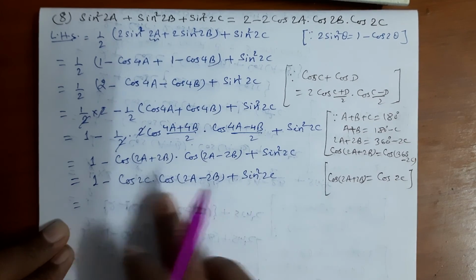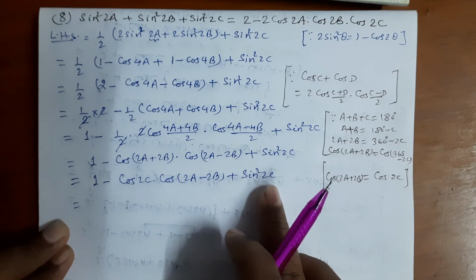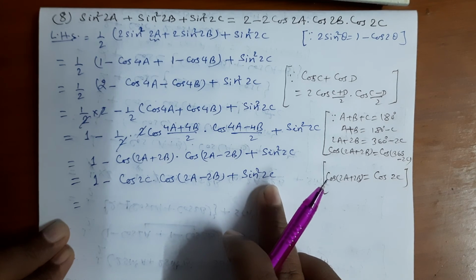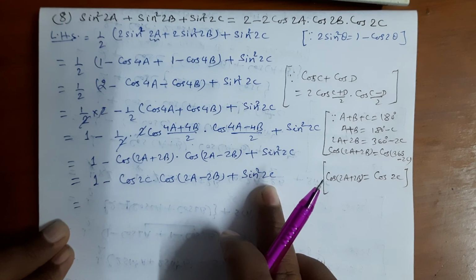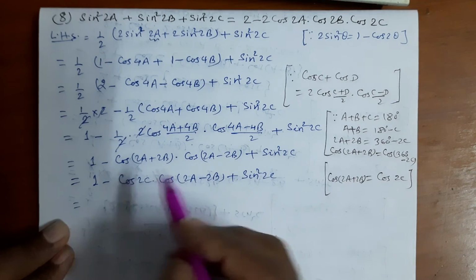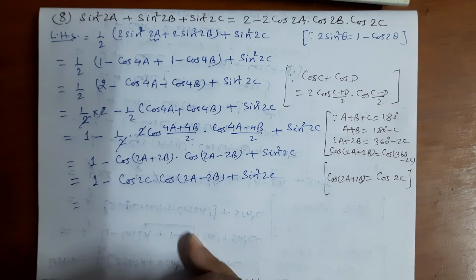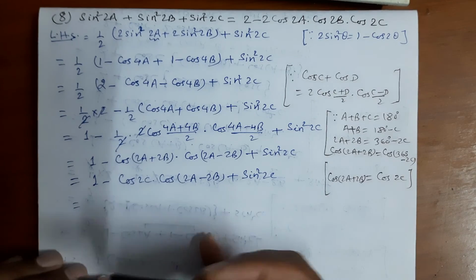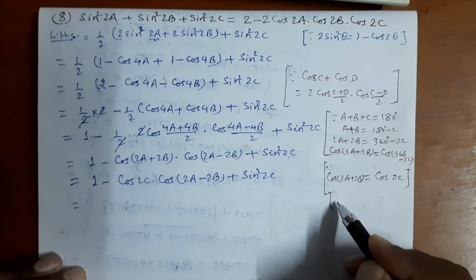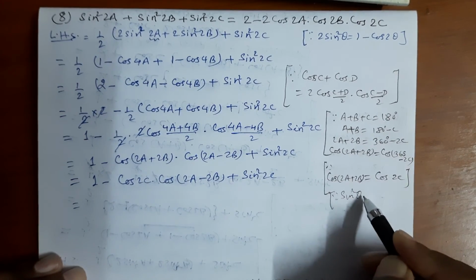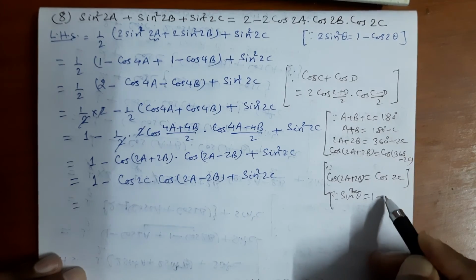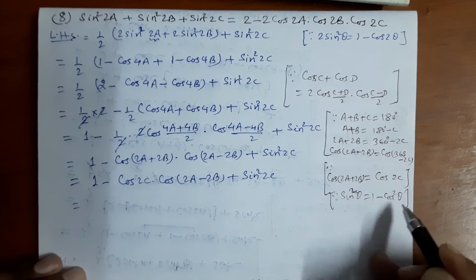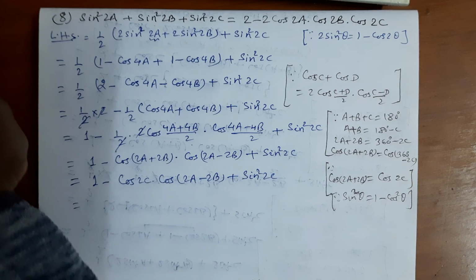So to take out common, this sine square 2c also we should change in terms of cos. So sine square 2c equals 1 minus cos square 2c, because you know the formula: sine square theta is 1 minus cos square theta. In place of theta we have here 2c.